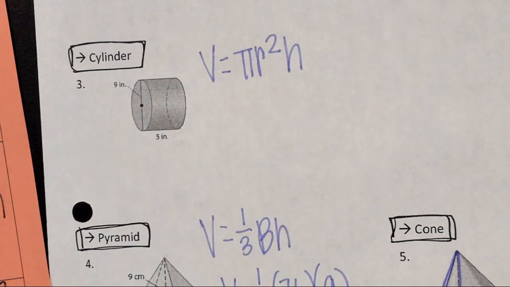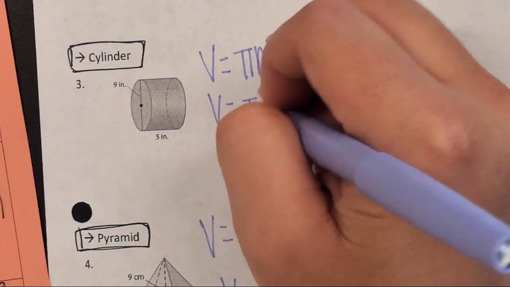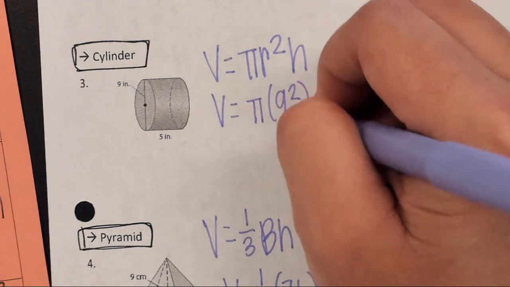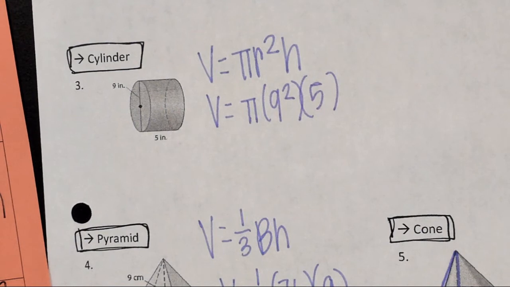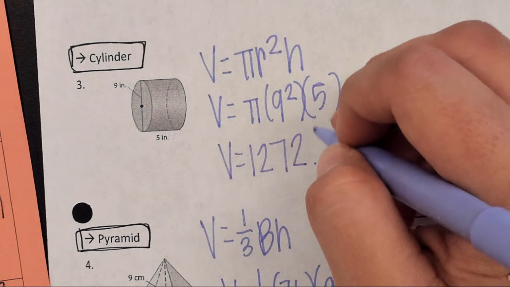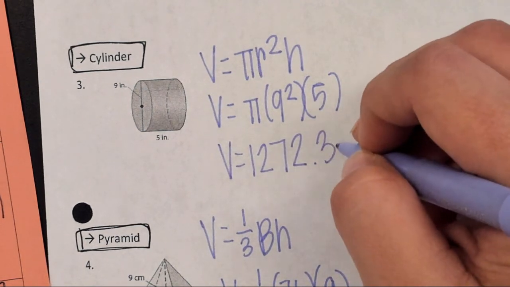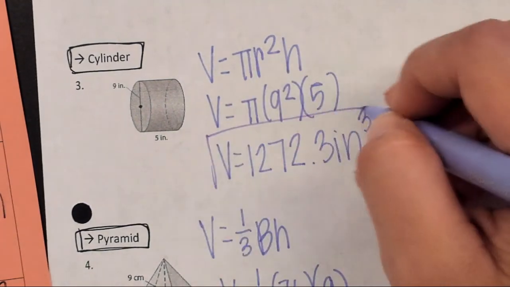So I'm going to say that the radius is 9. And the height is 5. Yeah?